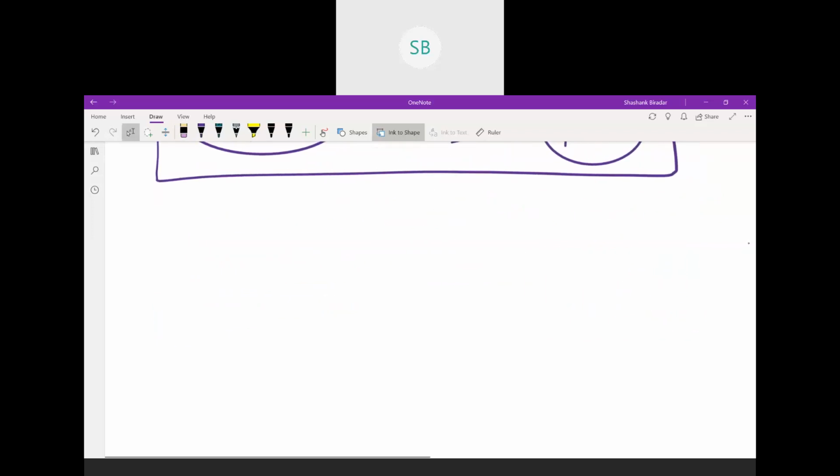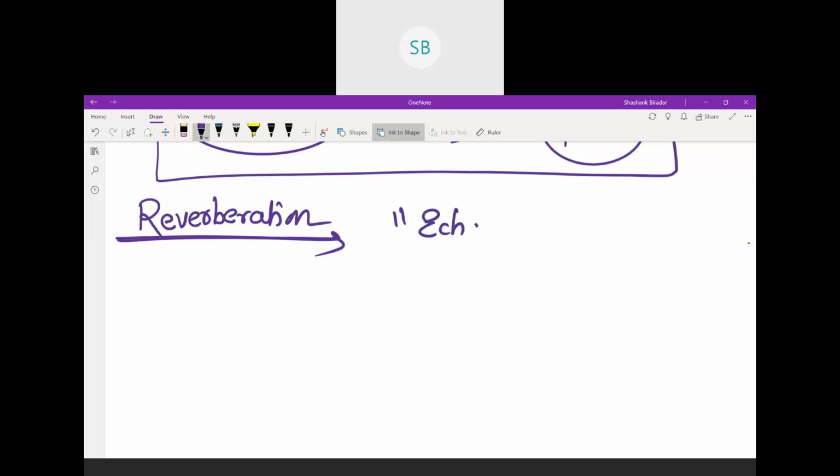Okay, so now coming to reverberation. Reverberation is a very important concept. In previous science lessons you might have heard the term echo.